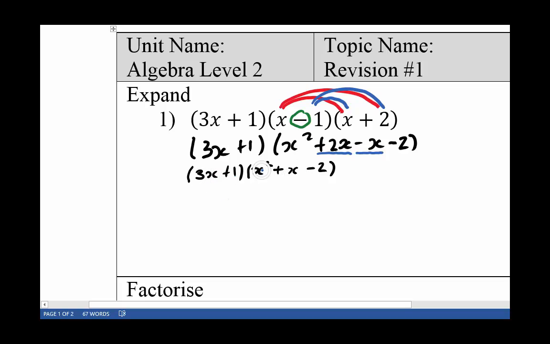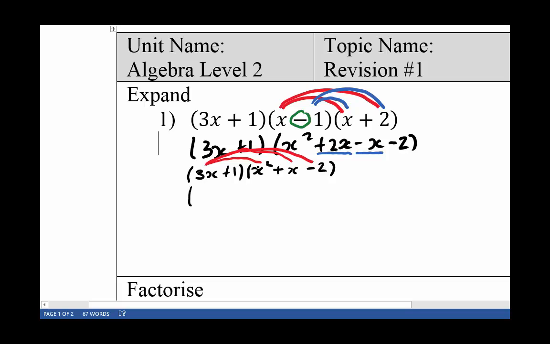Now I need to do exactly the same process as I did up here, but for these two brackets. So my first one, I'm going to go 3x times x squared, then 3x times x, then 3x times negative 2. And so I'll do that first.